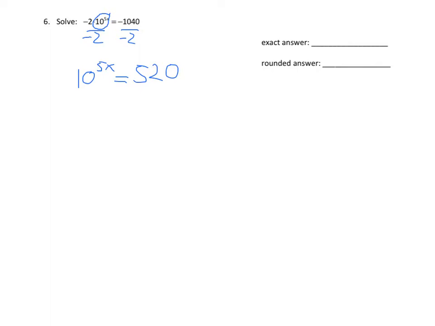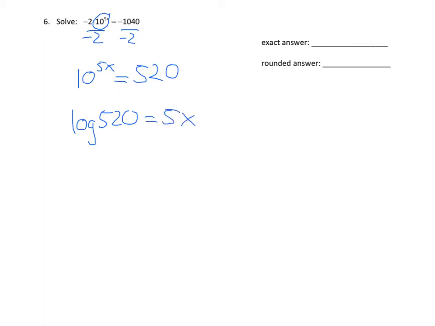And now I can change this to log form. I get log base 10, and remember we don't really want to write in the 10, we just write log for base 10. Log base 10 of 520 equals 5x.